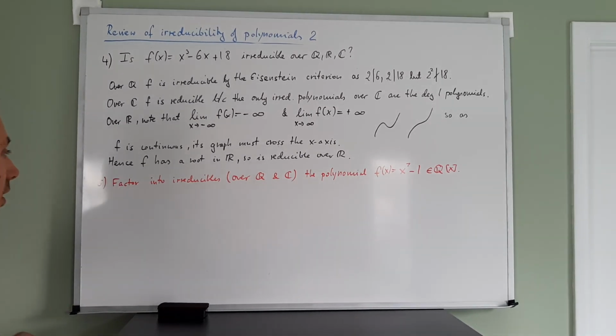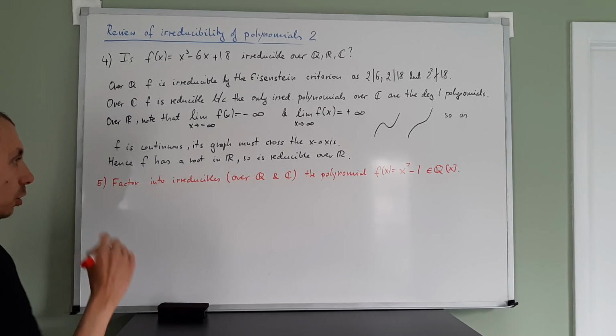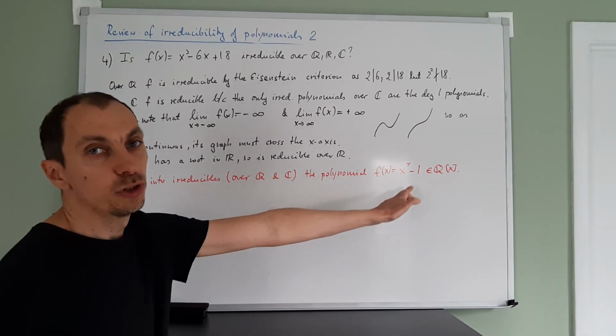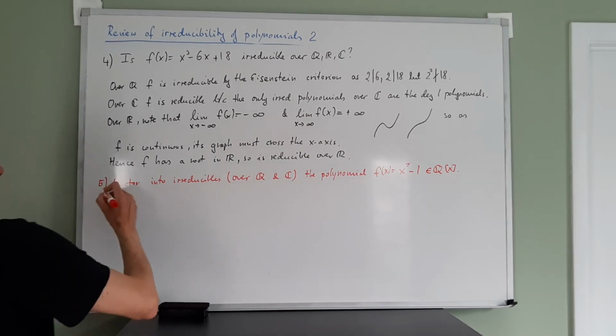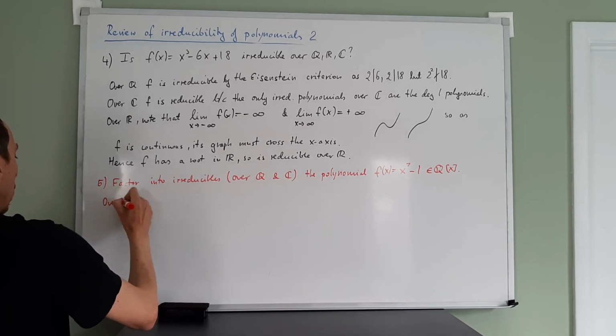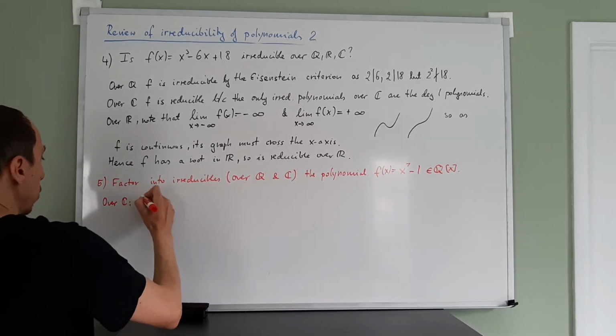Okay, so how do we do this? You quickly notice, right, that the roots of this polynomial are 7th roots of unity. All the 7th roots of unity. So over C, that's how it factors.